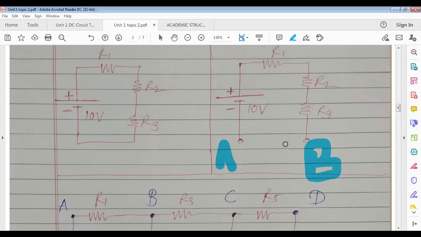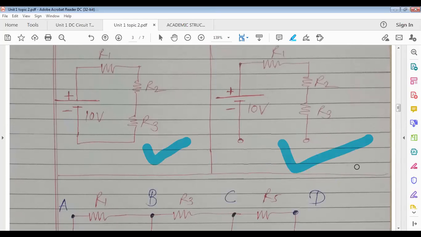No current will flow from B to A or A to B, right? Okay. Whatever is there on your left and right, you can call both an electric network. But whenever you want to use the terminology electric circuit, out of these two, the one on your left hand side is the only electric circuit. Okay.